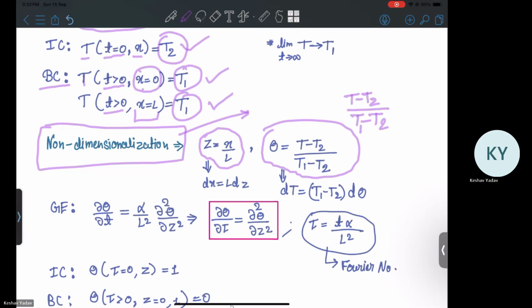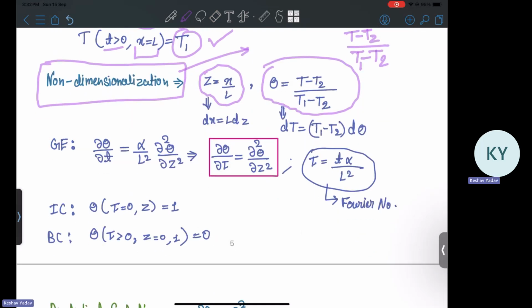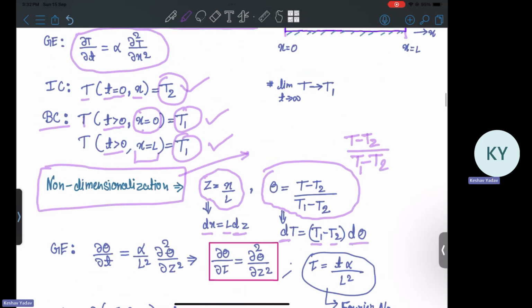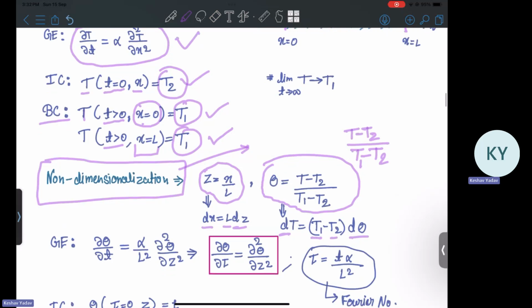Okay. So from this, if we find dx, that will lead to L dz. Similarly, dT will be equal to (T1 minus T2) d theta. Okay. Once we have found this, we will put these two values in this equation.